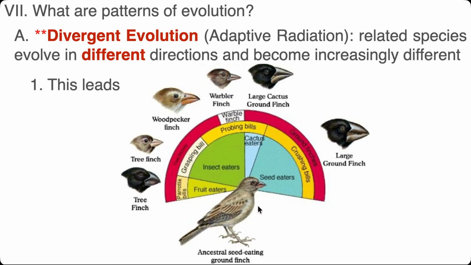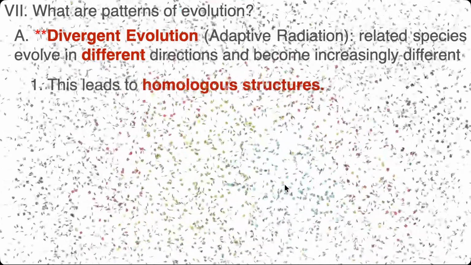that originally landed on the Galapagos Islands and just kind of diversified. So divergently evolved into all of these different types of finches that eat different things, live in different parts of the tree, and are generally a lot different now from one another.